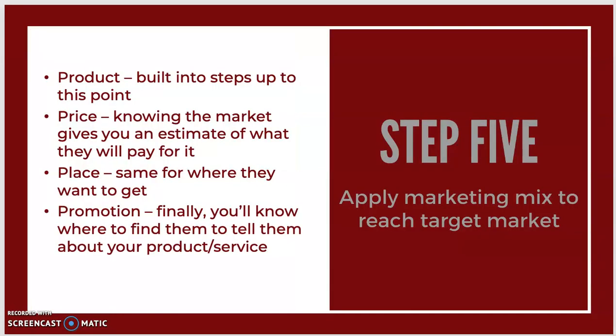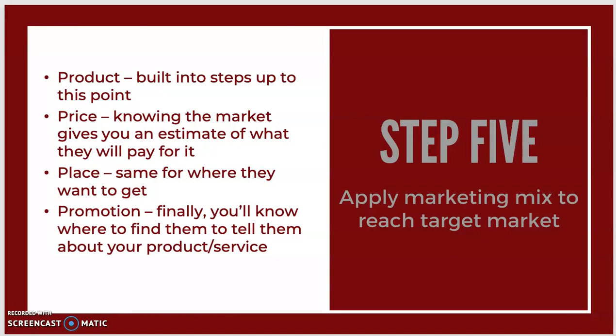And then you use the marketing mix. Product, it's all kind of been built into here. Price you're using, again, depending on how much you think people are going to pay. But if you know your market well enough, you have an idea of what they're going to pay. Also for where they want to get it. And then finally, you'll know where to find them to tell them about it.